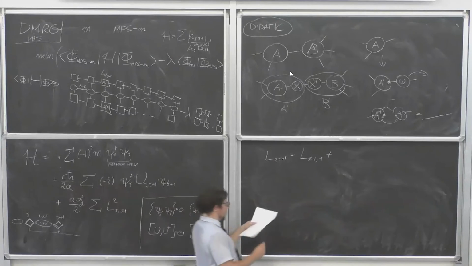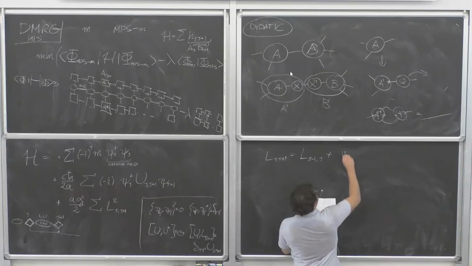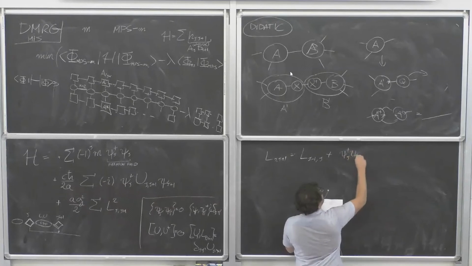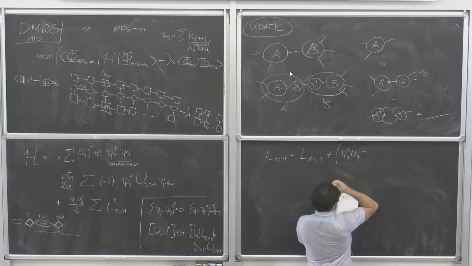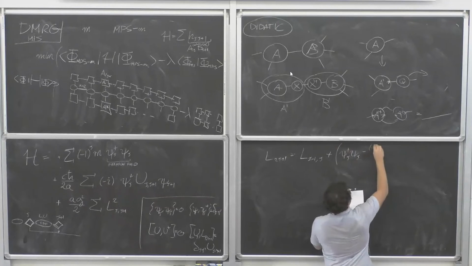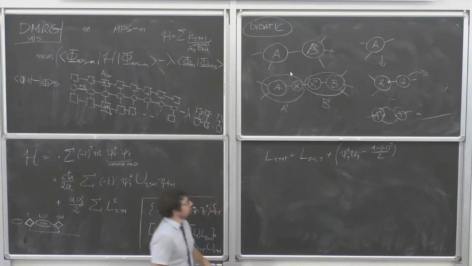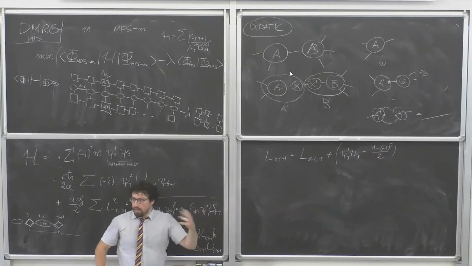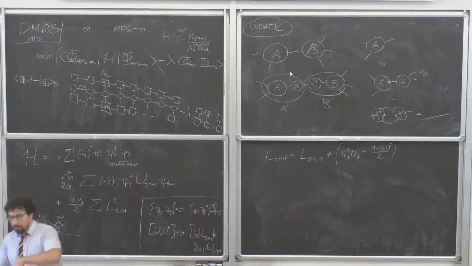So here I have to write psi dagger psi, which is the charge, but I have to add a constant for even sites, something like 1 minus (-1)^j divided by 2. This is exactly what tells me particles are fermions here and antiparticles are holes here.